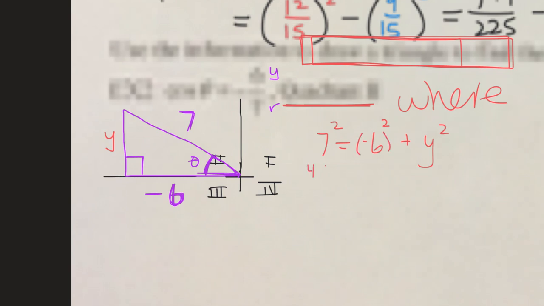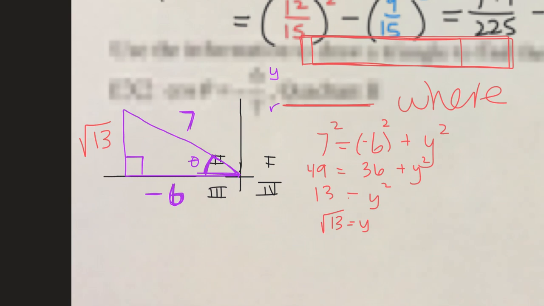So it really is not going to matter much when we do our calculations. Right, so y squared equals 49 minus 36 is 13. So y is the square root of 13. And notice that's a positive value. Okay, in the second quadrant, y is positive, so it's a positive root 13.